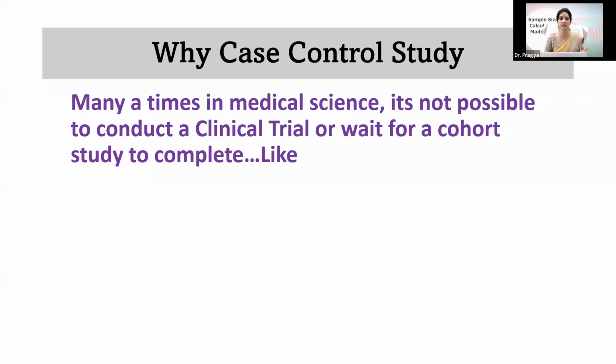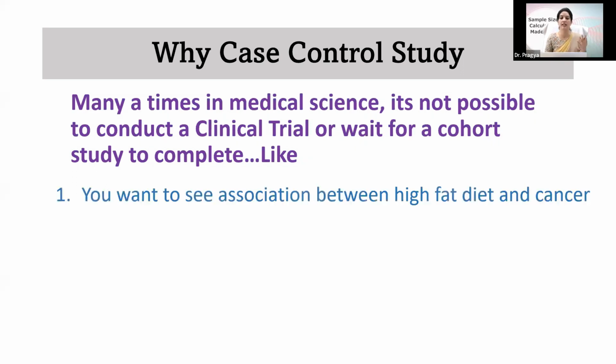So in that case, when the disease is very rare and it will take a long time of follow-up, in that case also it is undesirable to do a cohort study or a randomized control trial. Just see this example.